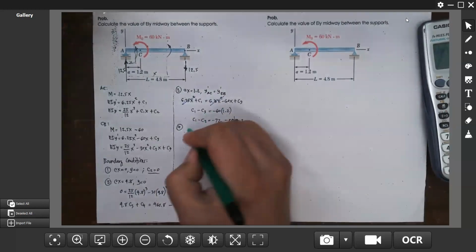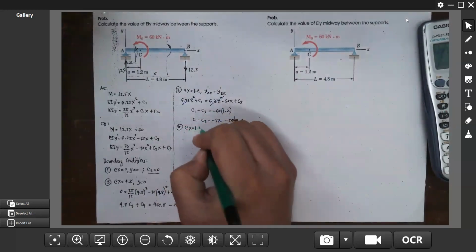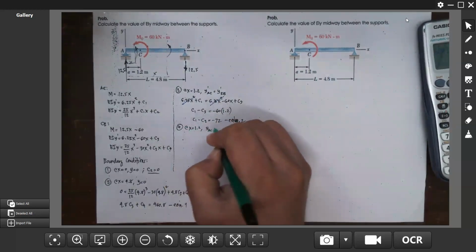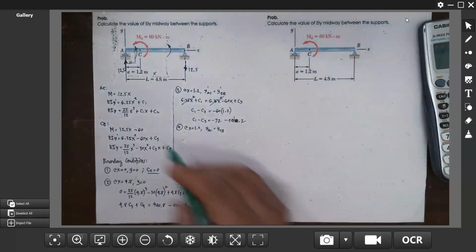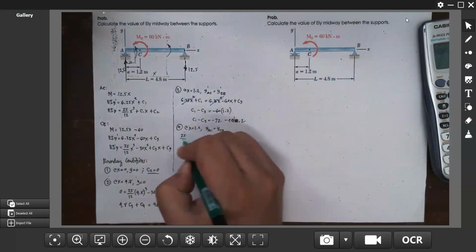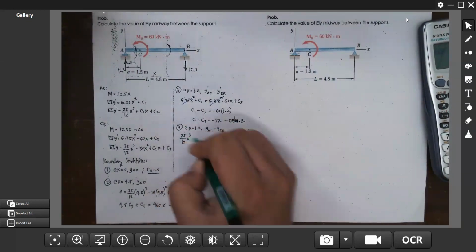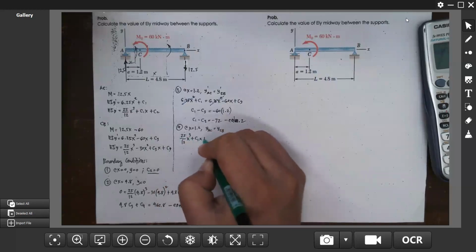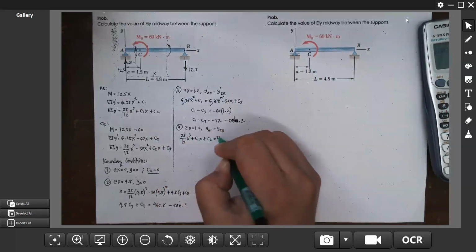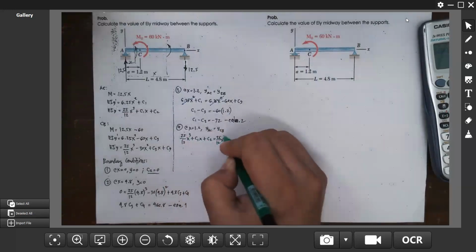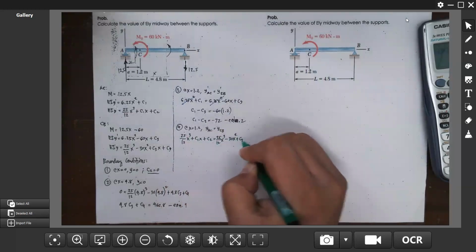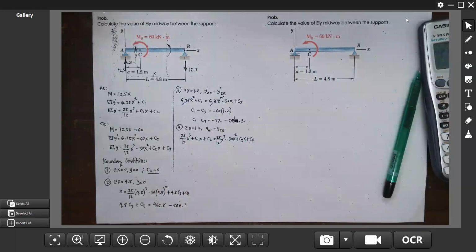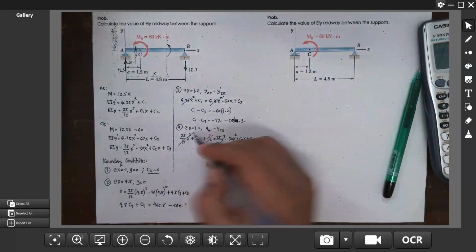Boundary condition 4. At x equal to 1.2, YEC equals YCB. Okay? So, we have 25 over 12 x cubed plus C1x plus C2 equals 25 over 12 x cubed minus 30x squared plus C3x plus C4. C2 is 0. Makancel na eh.